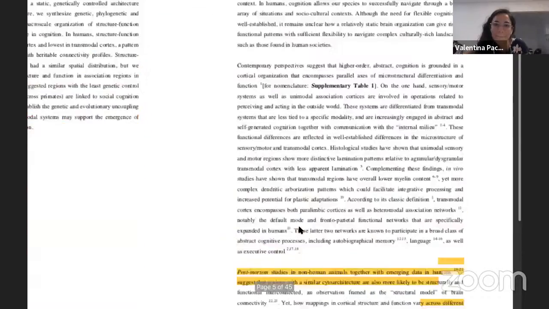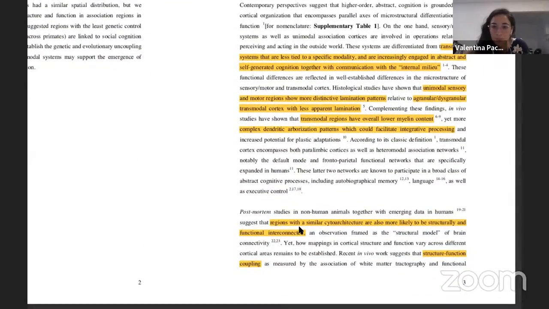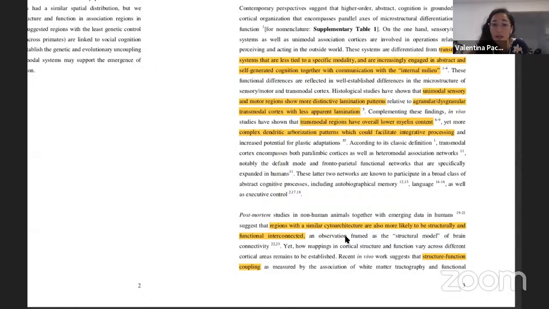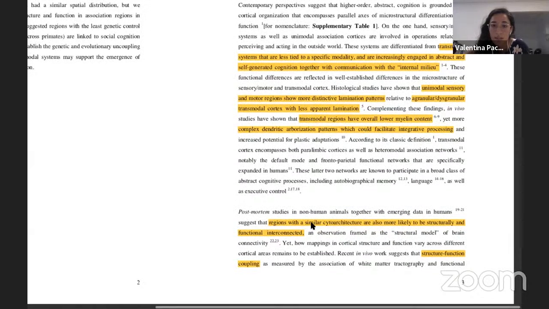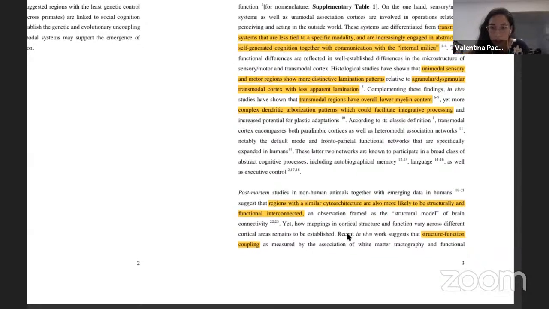Yeah, in non-human animals and both non-human and human species, postmortem evidences show that similar regions with similar cytoarchitecture are more likely to be structurally and functionally interconnected.